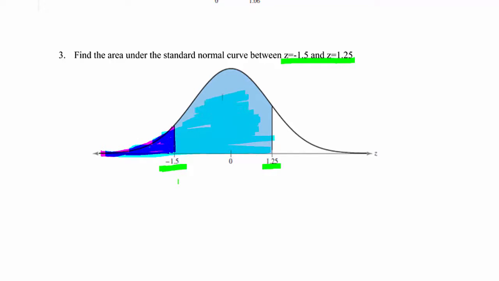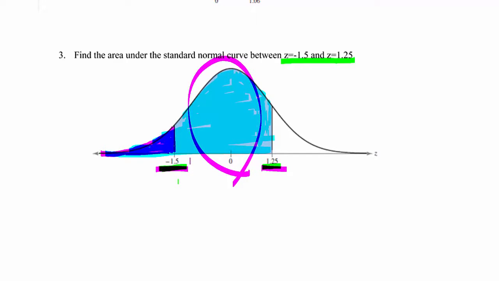This area covers the z equal to negative 1.5 area as well. Then just find this area. Basically, you subtract the z-score value of negative 1.5 from the z-score value of 1.25. So let's find out their z-score values first.